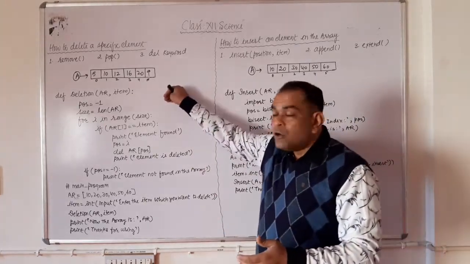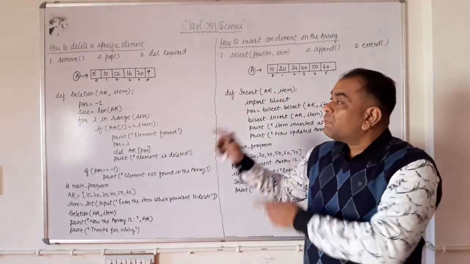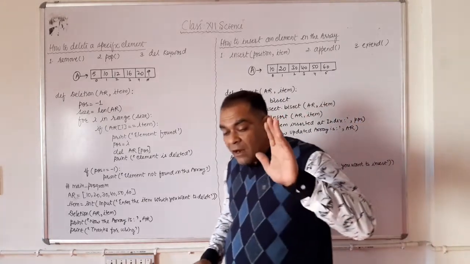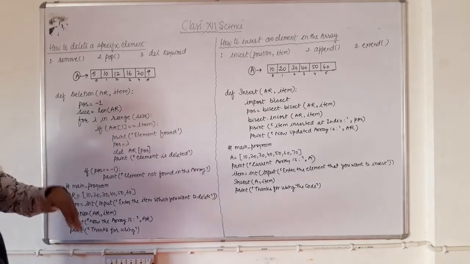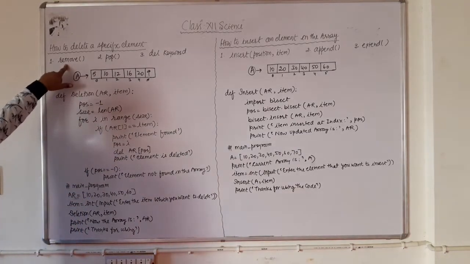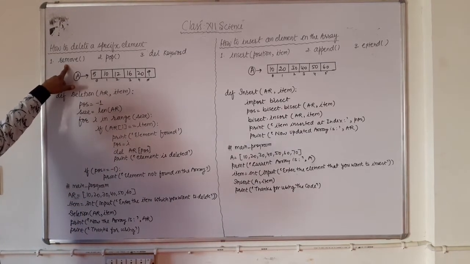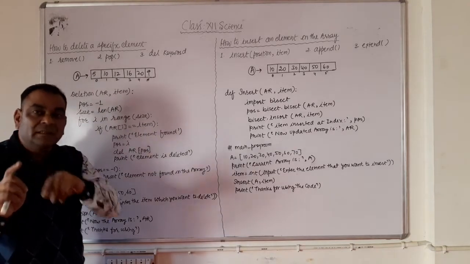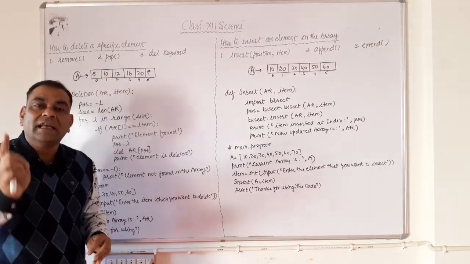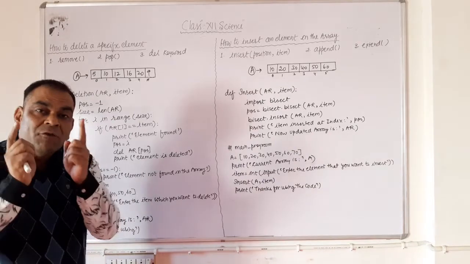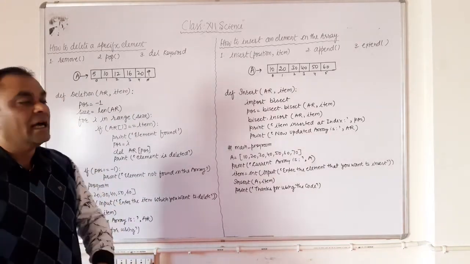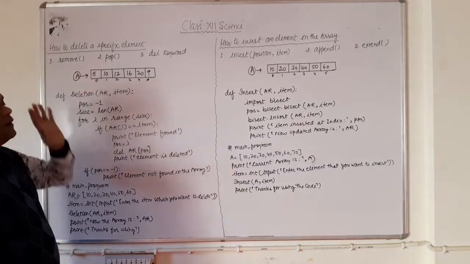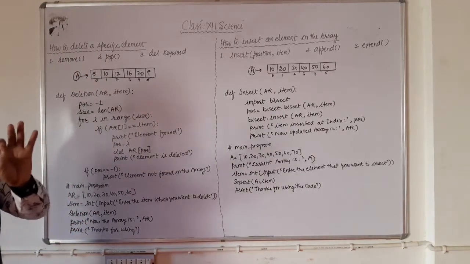Now, if you want to delete something from this array, there are three default functions available in Python. What are these functions? The remove function is there. The remove function works on the item value, or we can say element value. If you want to remove a specific value from the array, then you just use the remove function, right? Now how can you use this function?